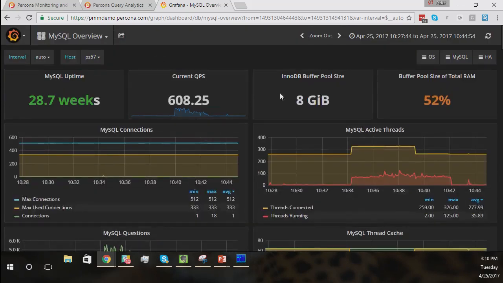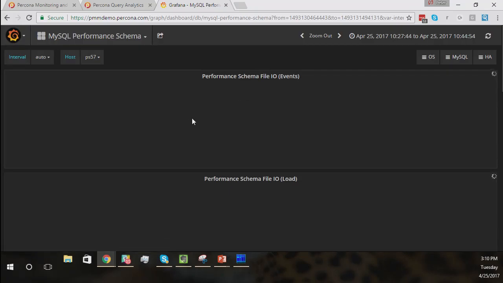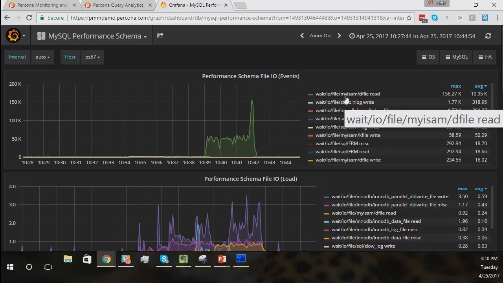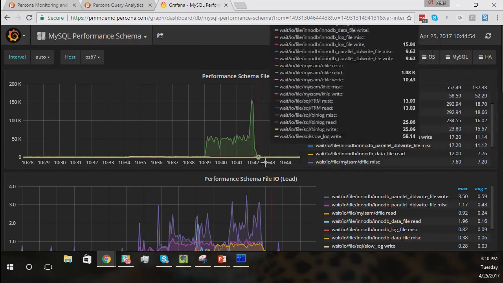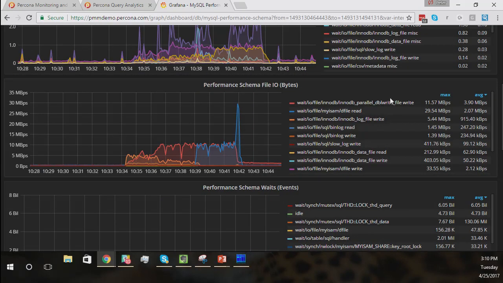OK. So we have been talking about performance schema. We actually do capture a lot of performance schema data in this case, right? You can see information about files in terms of bytes.